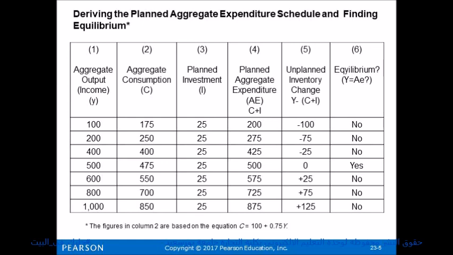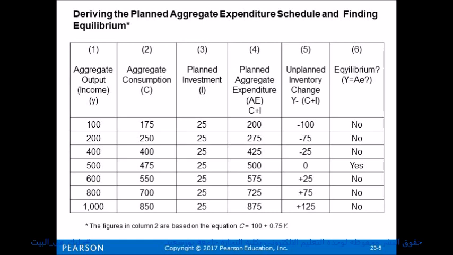The table we see here gives an example of applying the first approach to determine the equilibrium level of output. Here we have a consumption function given by columns 1 and 2. Looking at column 1, we have different levels of income, starting at 100, then going to 200, 400, 500, 600, down to 1000.